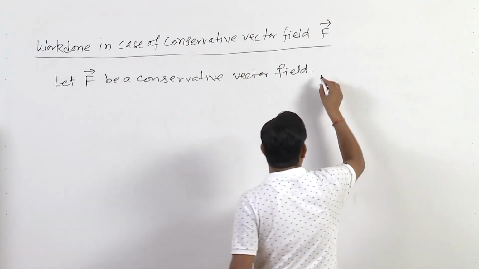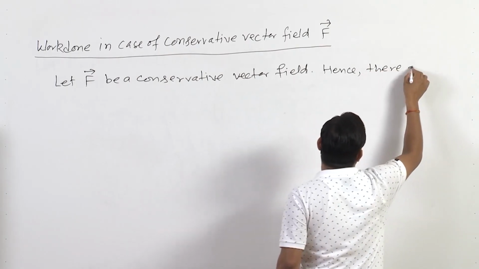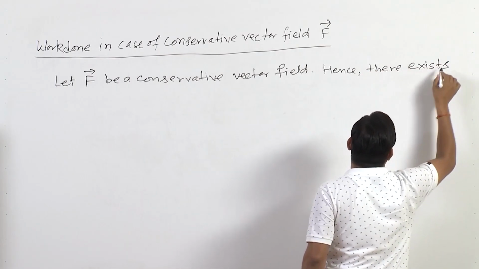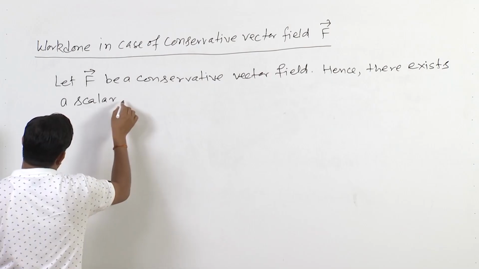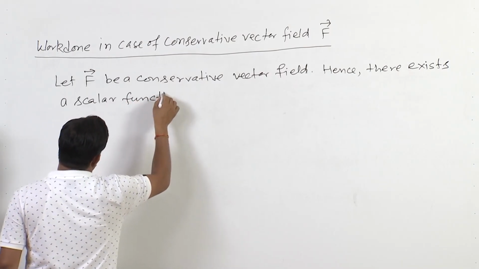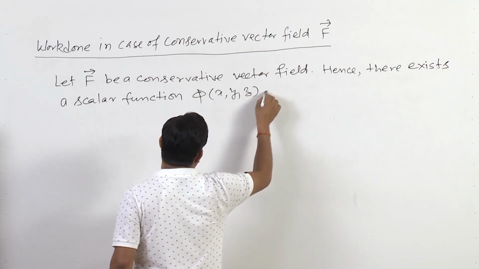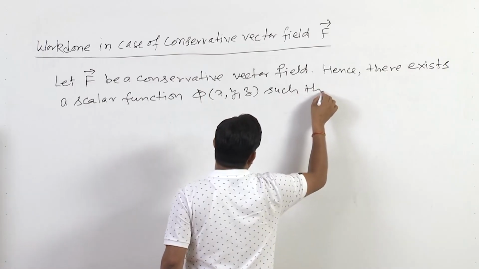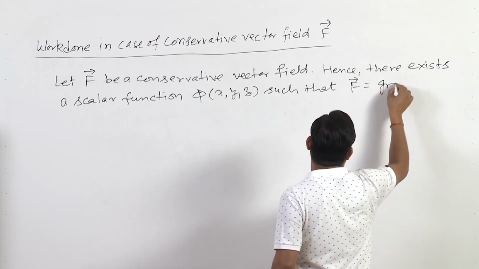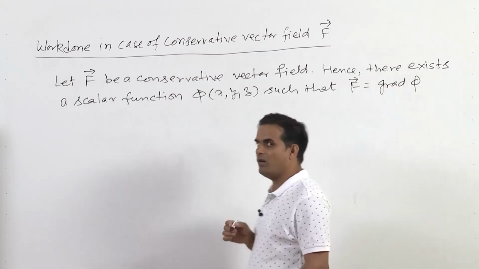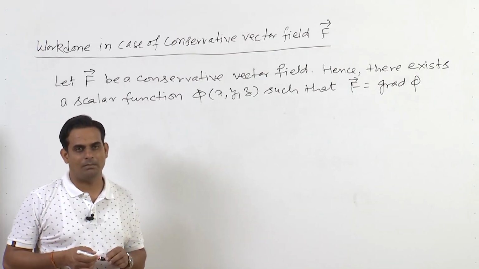This means there exists a scalar function phi x y z such that F equals gradient of phi, meaning phi is a potential function of the vector field F.